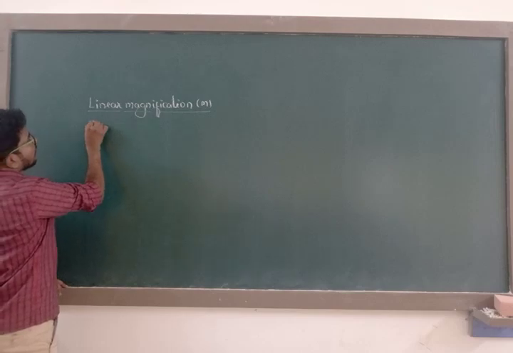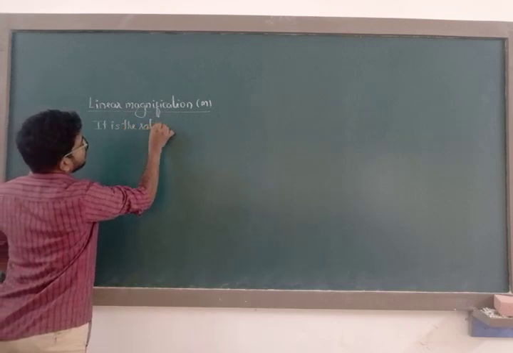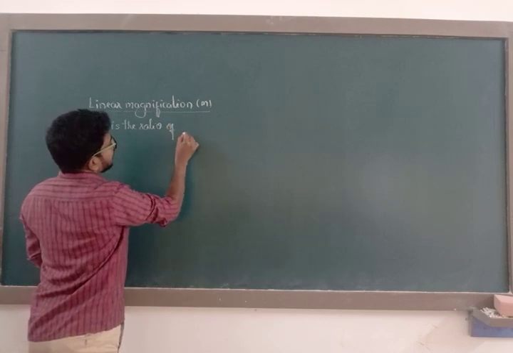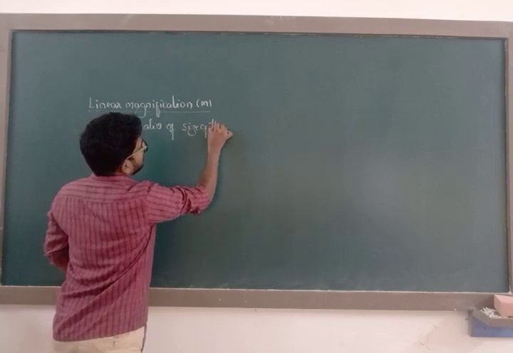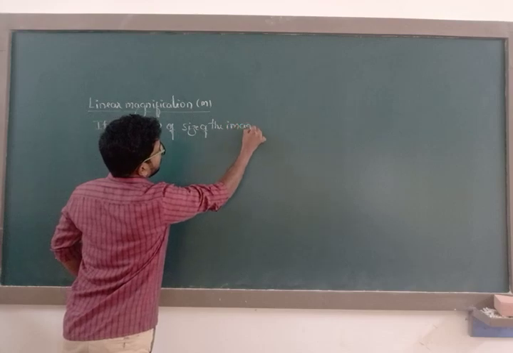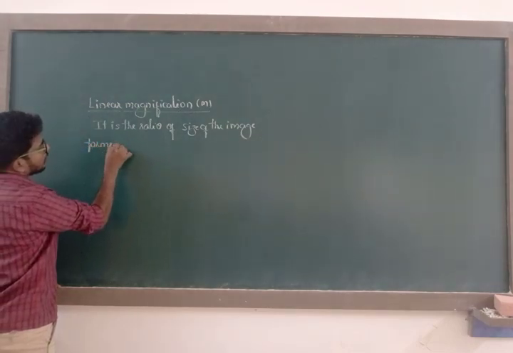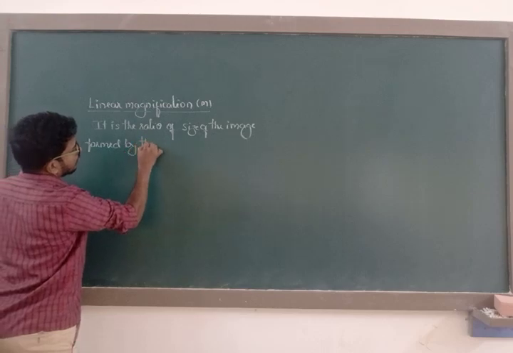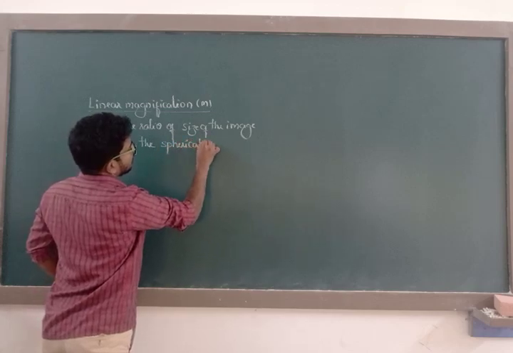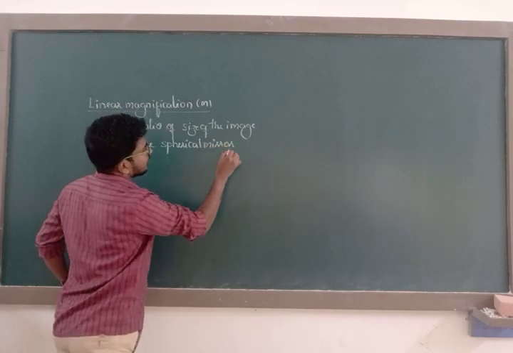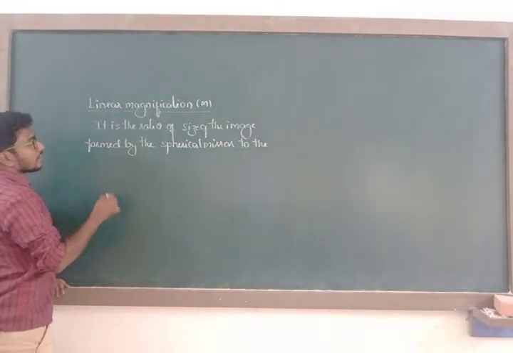It is the ratio of the height of the image, or size of the image, formed by the spherical mirror, to the size of the object.